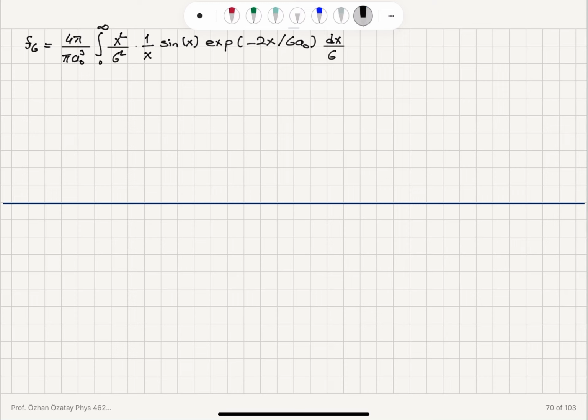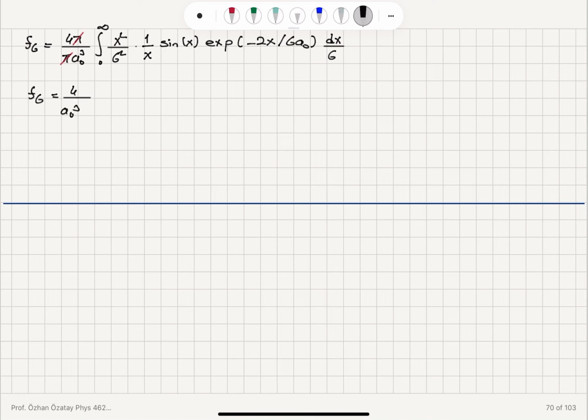I can see that the π's will cancel: 4π and πa0³, the π's cancel. Considering the x terms, F_g is equal to 4 divided by a0³.